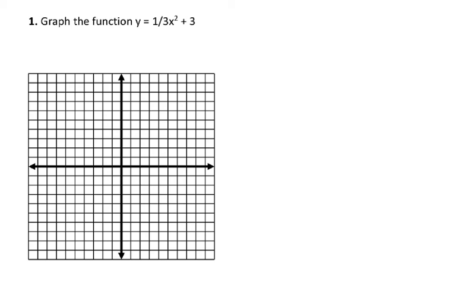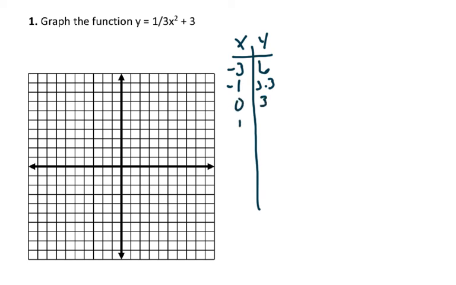So for this first graph, I'll quickly sketch a table here, x and y. Some points that I picked are -3, 6. -1 ended up being 3.3. 0 was 3. 1 was 3.3. And yeah, you guessed it, 3 was 6, because again we see them repeating, we know this is a parabola. That puts my vertex right here.